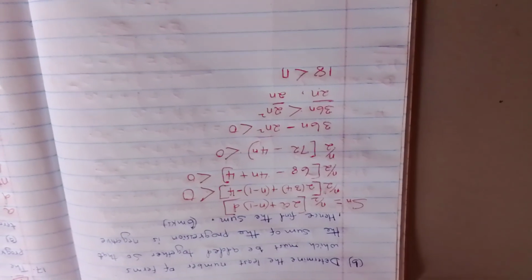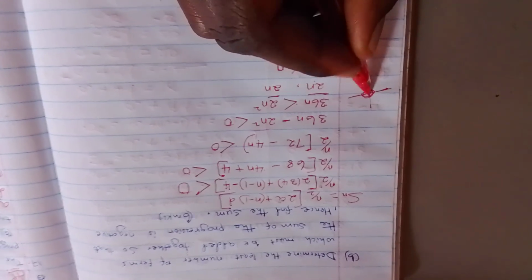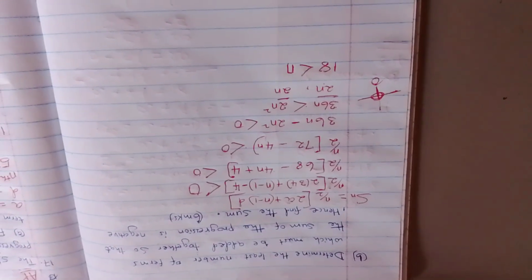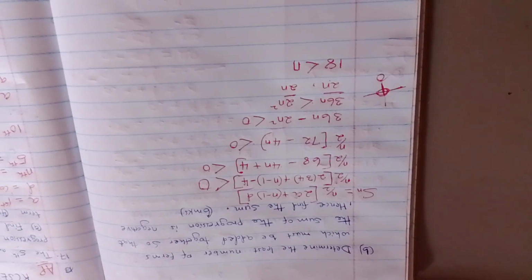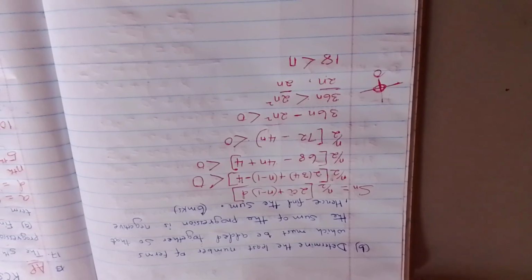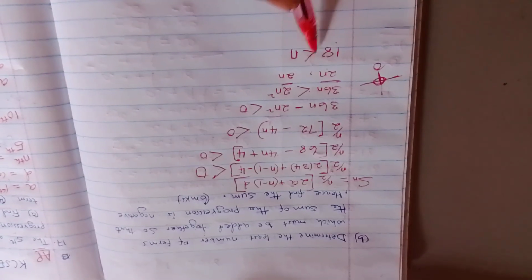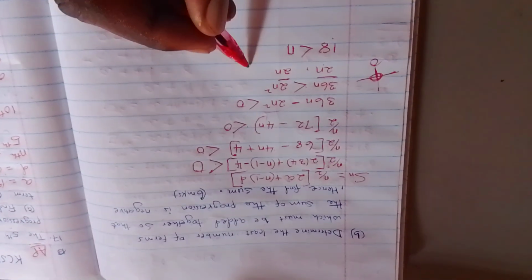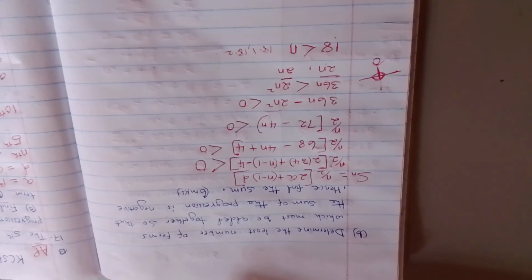Since 0 is at the center, the least number of terms which gives a negative sum must be more than 18, that is 18.1, 18 point something like that.